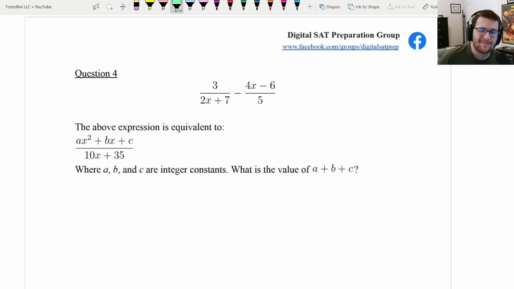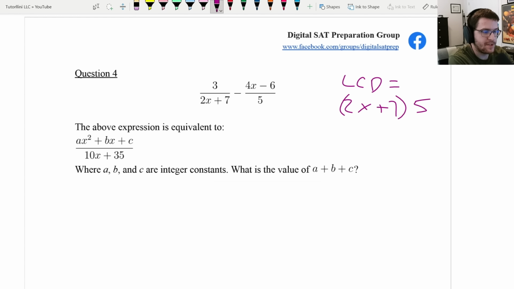But the vast majority of the time on the SAT, the denominators, in this case 2x plus 7 and 5, don't really have anything in common. 2x plus 7, you can't really factor at all, and 5 is prime. So they don't have any common factors. In that case, the LCD is just those two things multiplied together: 2x plus 7 times 5.